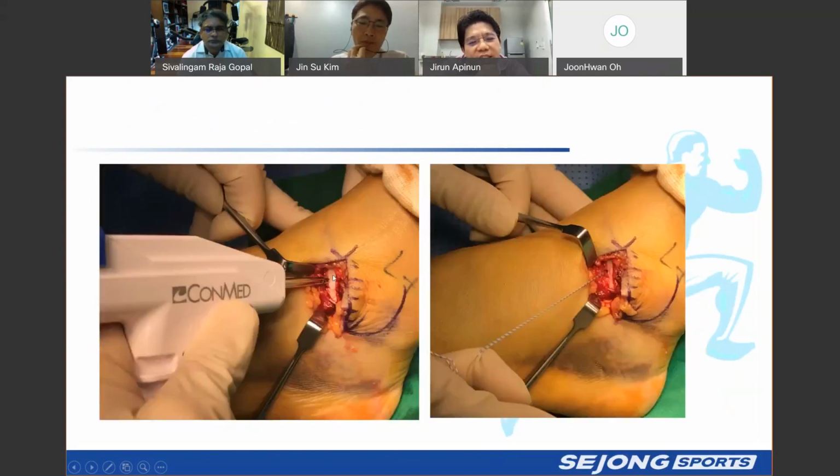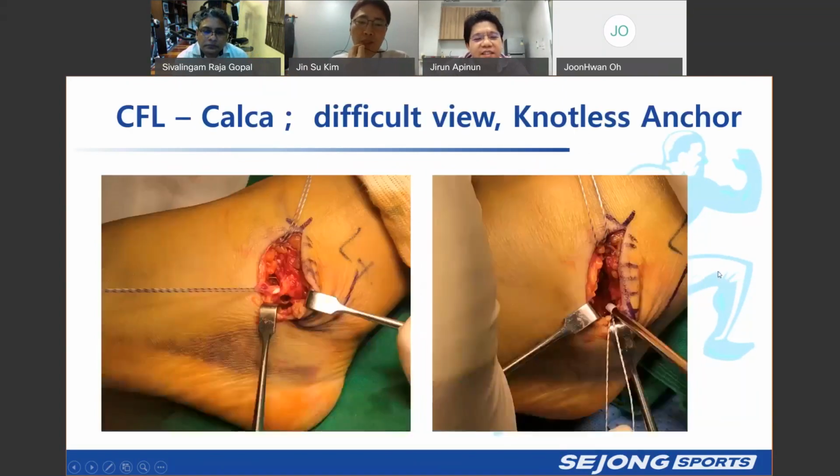And we have the subchondral preparation. Using an osteotomy, we chisel about 10 millimeter and about 3 millimeter, expose the subchondral bone, and use the suture anchor and repair.